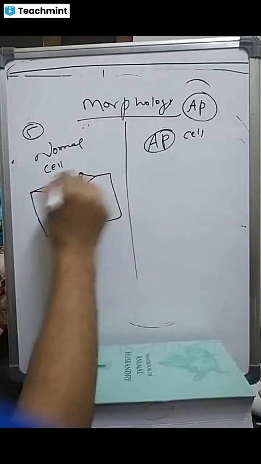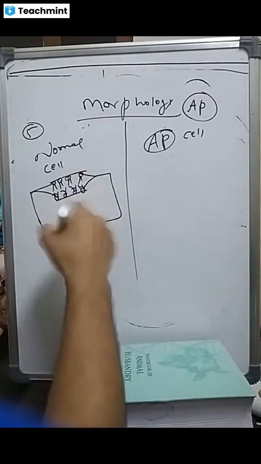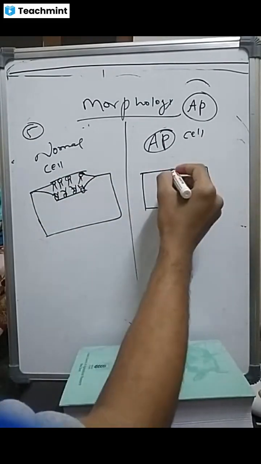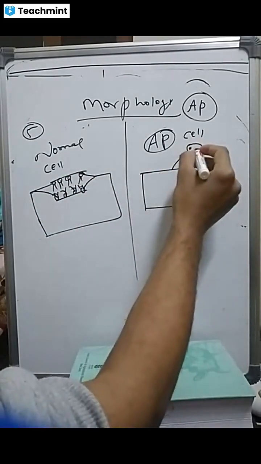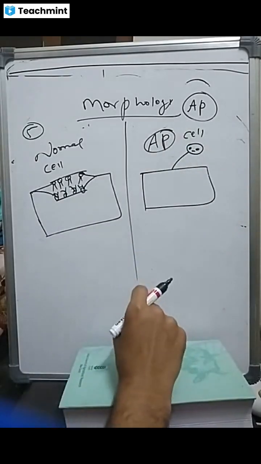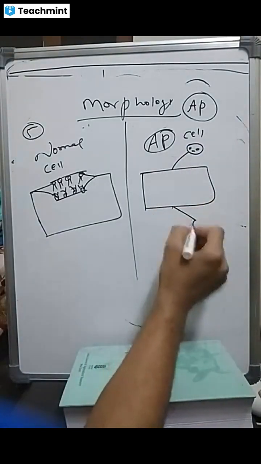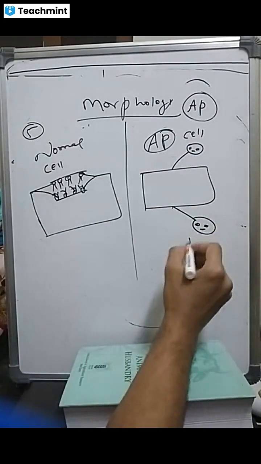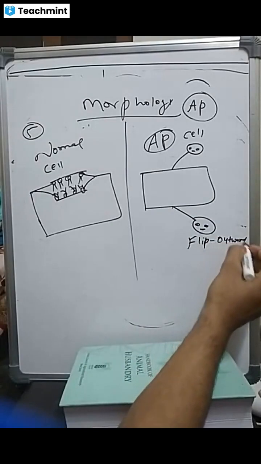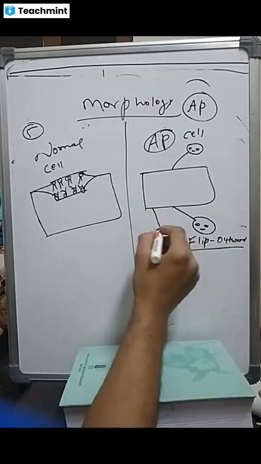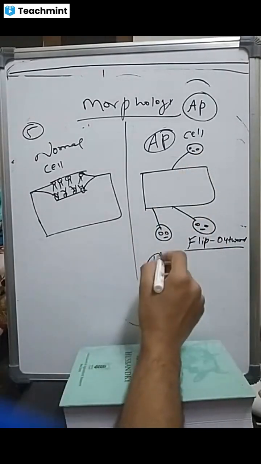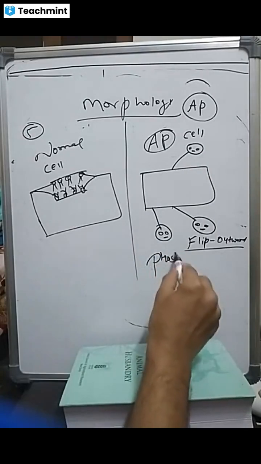In the normal cell, all lipids are facing toward the cytoplasm. But in this case, some lipids are facing away from the cytoplasm. They flip outward. The name of this lipid is phosphatidylserine.